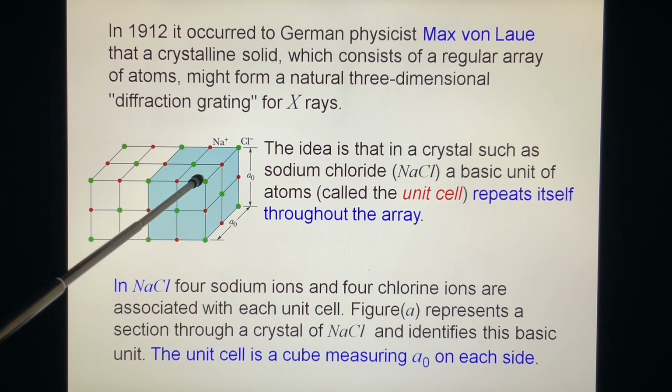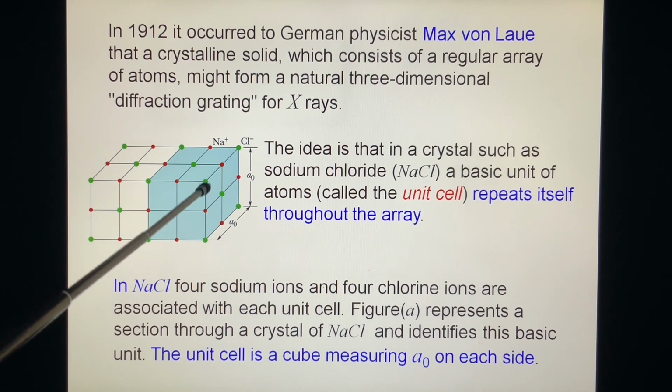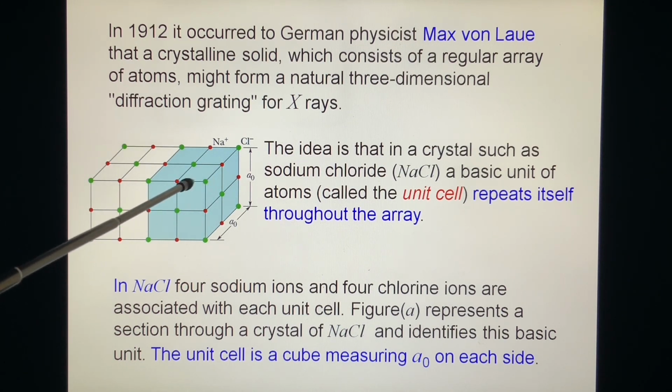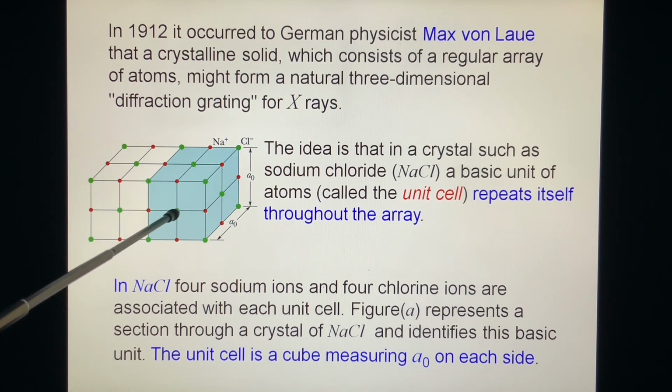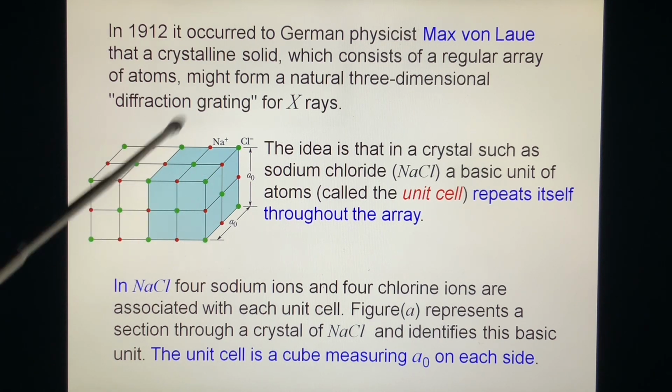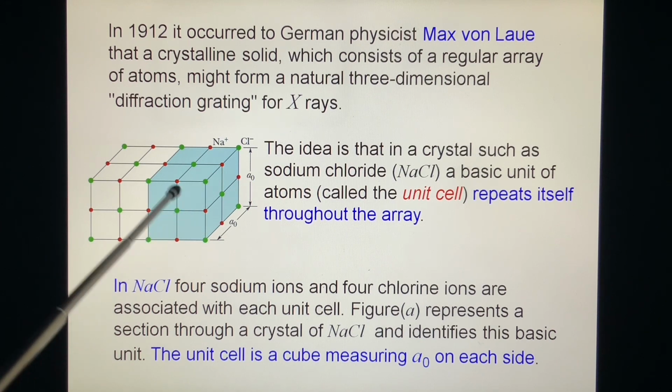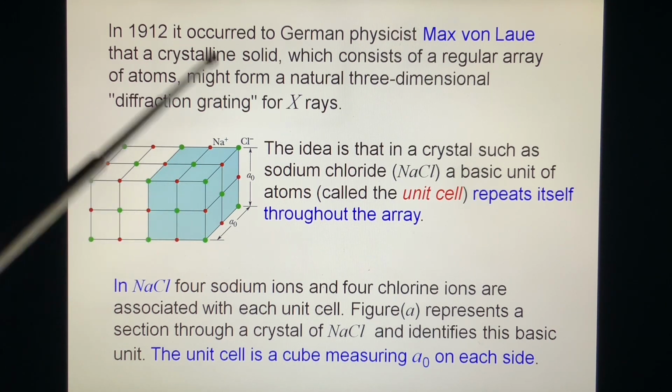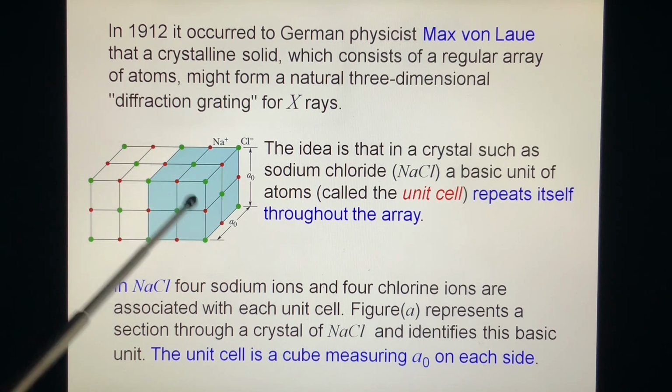So this atom is shared by 8 unit cells. It's a corner, you have 8 sharing. And so only 1/8 of this chloride belongs to this one. And this chloride is on the face. It is shared with another cell, so only half belongs to it. So we put this together, you will find only 4 chlorides and 4 sodiums included in this unit cell.